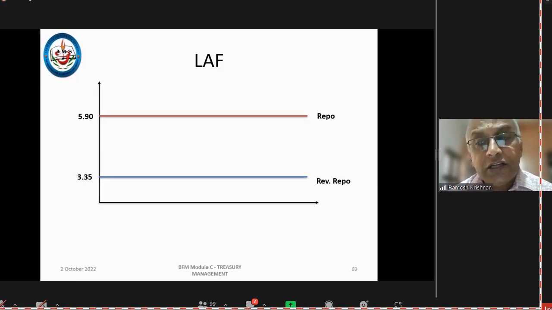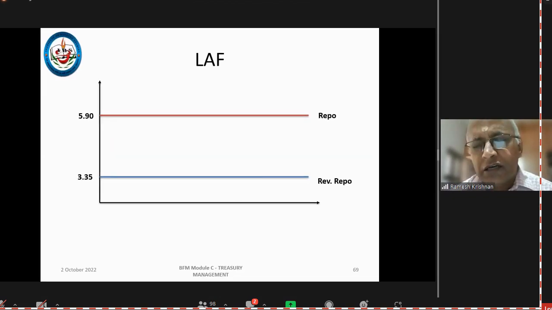And today the rate is, right from 30th September, the day before yesterday, 5.90. A 50 basis points hike was there. Earlier it was 5.40. Now it is 5.90.